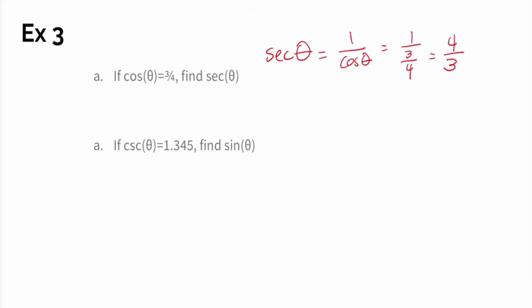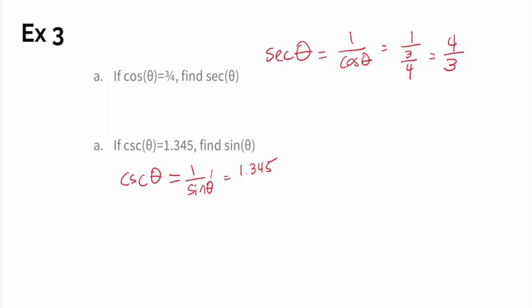If cosecant theta is 1.345, find sine theta. So cosecant theta is 1 over sine theta, which is 1.345.